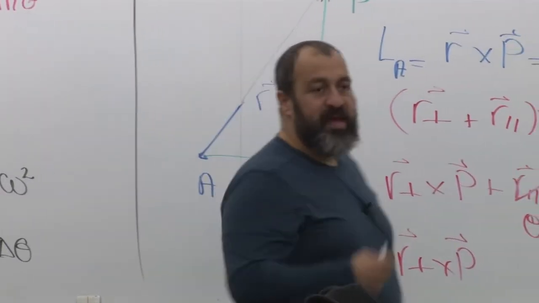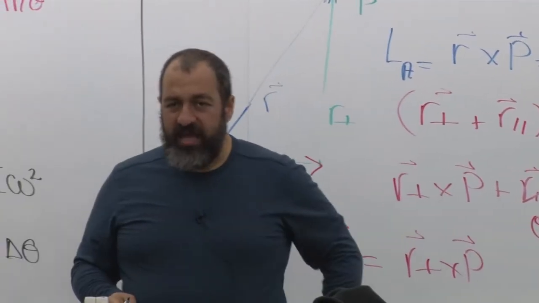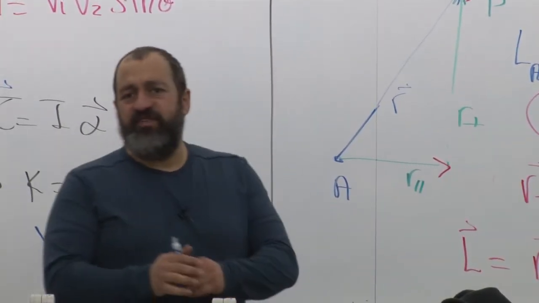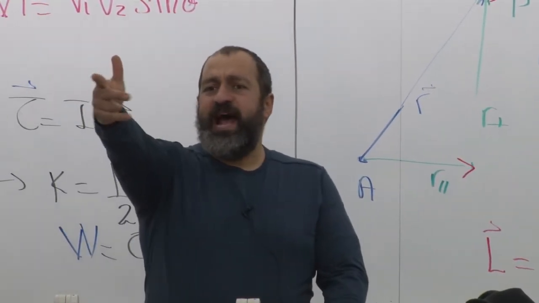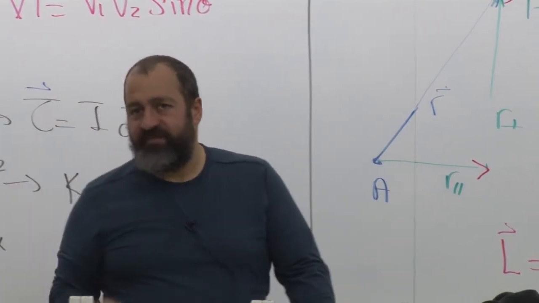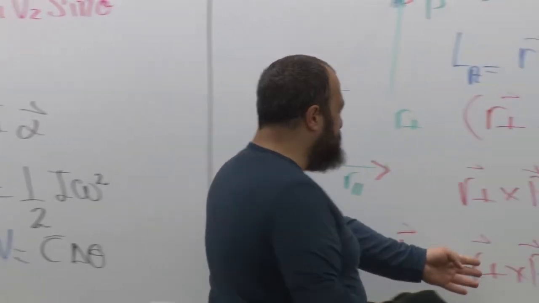Okay, so guys, the vector itself is given by the cross product, the right hand rule, and you only consider perpendicular components to make life easy. What does that reduce to then?